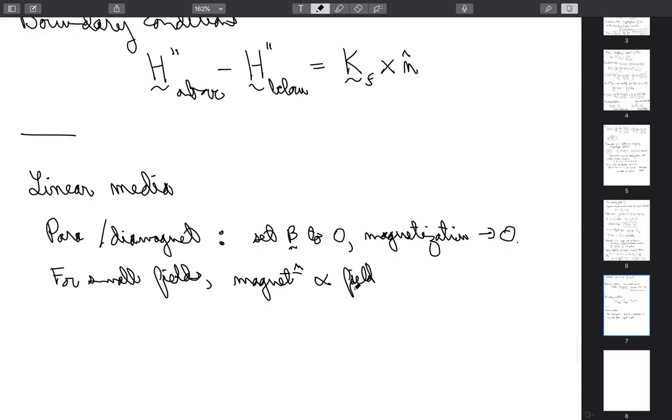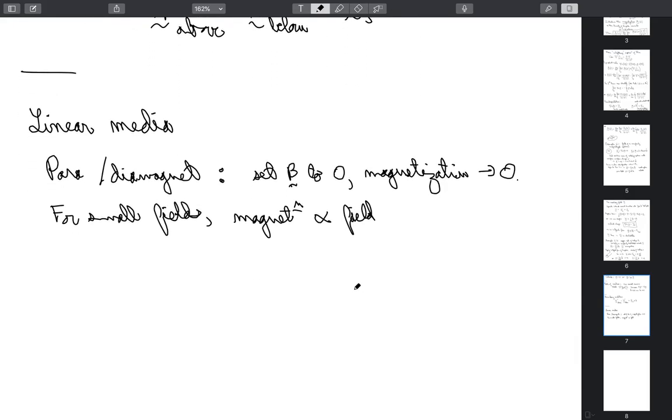The way this proportionality is usually denoted is that we write that the magnetization of an object is proportional to the field, here I use H, times a constant chi m, which is known as the magnetic susceptibility.